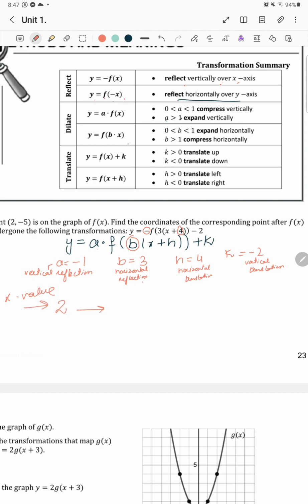Reflecting by -1 means we need to change the y value, so we are not going to change anything over here with A. Now B is horizontal reflection, which means we need to change the x values. We have to put the negative sign with the x value. So if it is 3, there will be horizontal reflection.